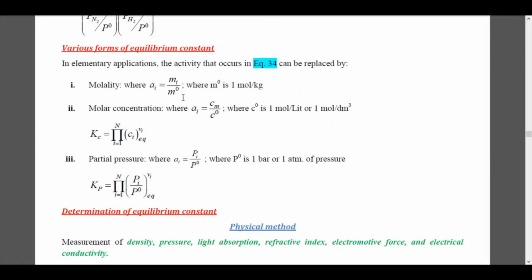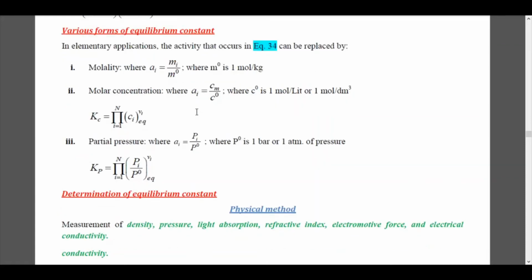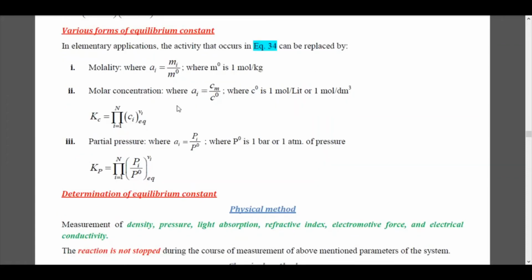Again, to make the quantity dimensionless, we will divide by a reference state. Here the reference state is M0. What is M0? M0 is 1 mole per kg. And Mi is the molality of the component. It can be product, it can be reactant also. Similarly, when we express the activity in terms of molar concentration, I can write Ai is equal to Ci divided by C0.